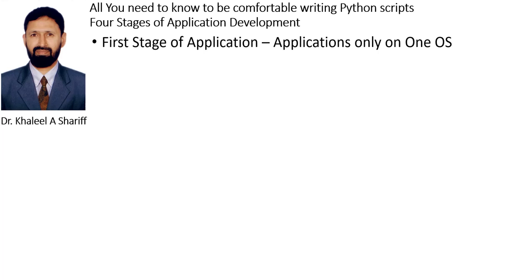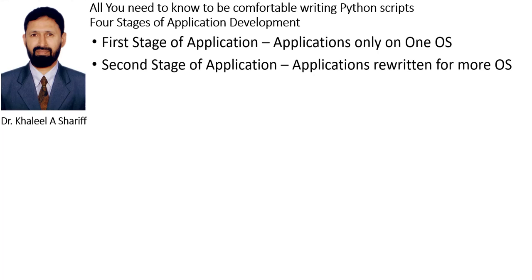Then came the second phase of application development. In the second phase, applications were written for one operating system. When the company sold this application to a majority of clients using this operating system, they started looking at increasing their revenue by rewriting the same application on different operating systems.